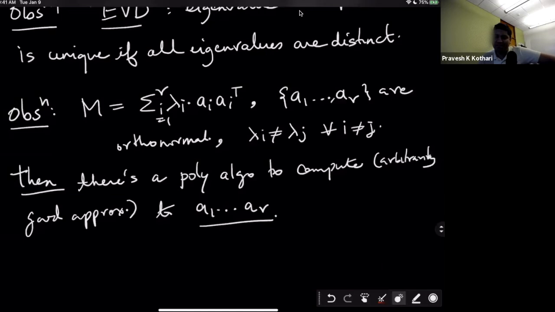I can only compute them up to the sign. I can only compute the direction parallel to a_i. I can't quite compute the sign of it. So I'm going to say up to... one of the many trick questions I will ask.